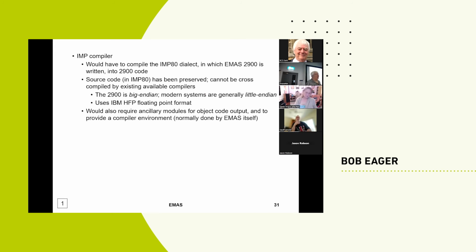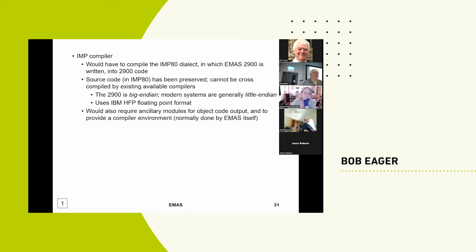You need an IMP compiler, a compiler to compile that language IMP in which EMAS is written. And it had to compile the particular dialect of IMP that is used, IMP80, in which EMAS is written. I've got the source code of that compiler, but it's written in IMP, so I can't build it, can I? It's also a problem because existing compilers are wrong. The 2900 is a big endian machine.